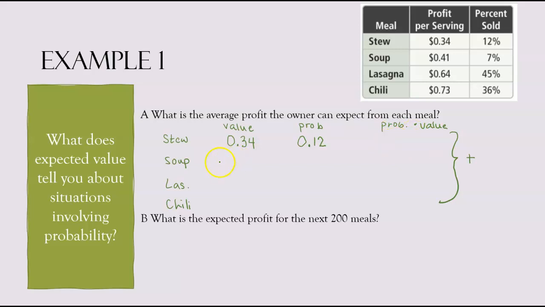And I'm going to do that for soup and lasagna and chili. I'm going to fill those numbers in. Remember, this column is the probability times the value for each of those items. I'm going to pause right here so that you can try this yourself, and then I'll show you how to get the answer. Please come back to the video after you have tried the problem.